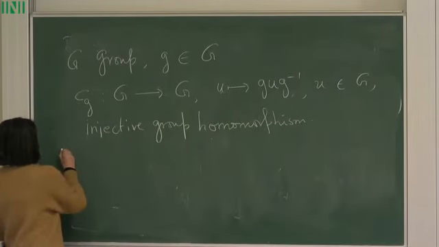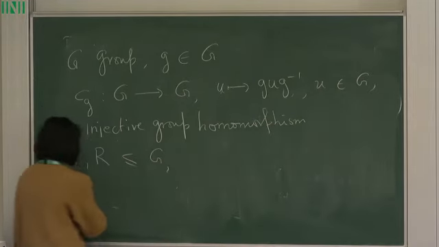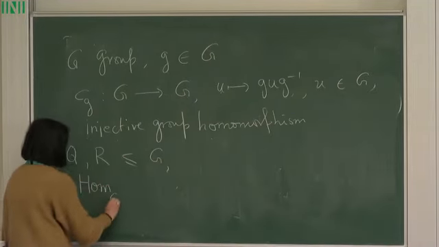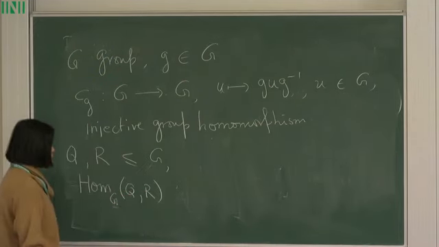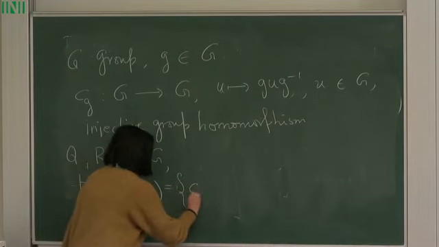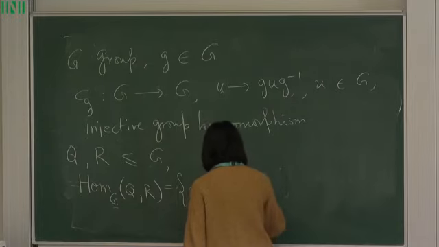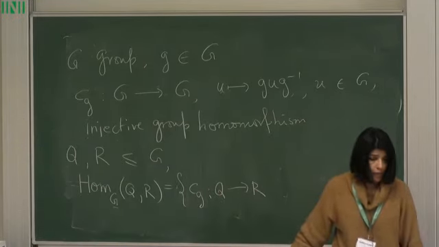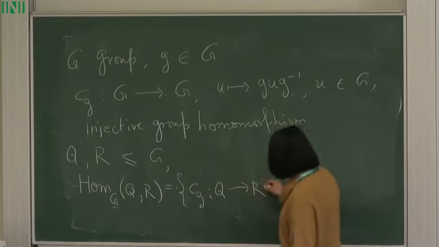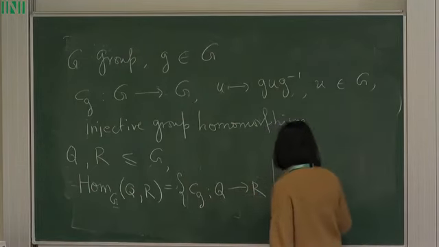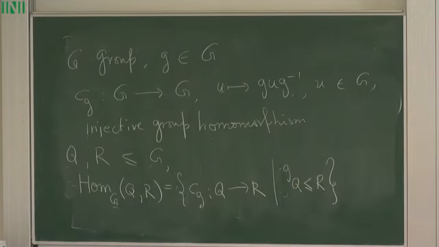Okay, and so if you have 2 subgroups Q and R of G, then we can form the set Hom_G(Q,R) just by looking at all the conjugations by elements g of G. So the map, what it does, stays the same, but for the domain and codomain to be well defined, we need that the conjugate of Q by g should land inside R. Okay, and you just collect together all these homomorphisms.